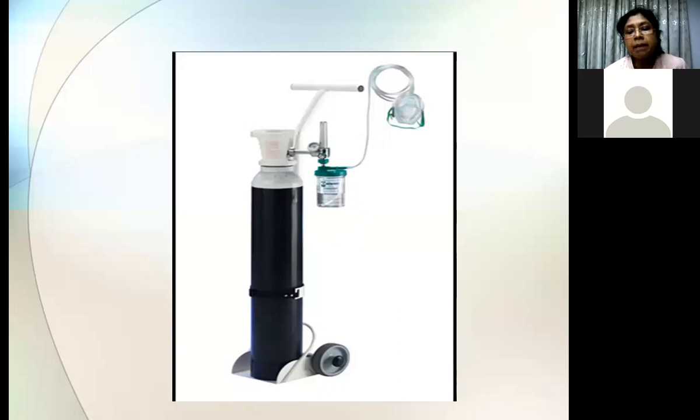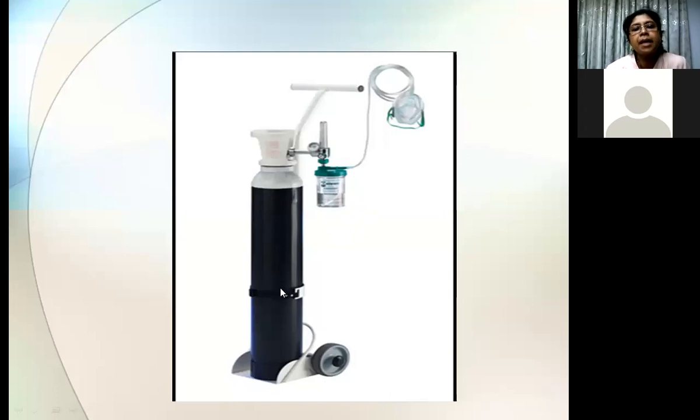So when you become house officers, you're supposed to give oxygen if the patient needs oxygen through this kind of a device. So that question was where I asked to label this diagram, where you should know this is the flow meter, this is the water bath, this is the delivery system, the mask and all that, and this is your cylinder, which has a white shoulder and a black body.